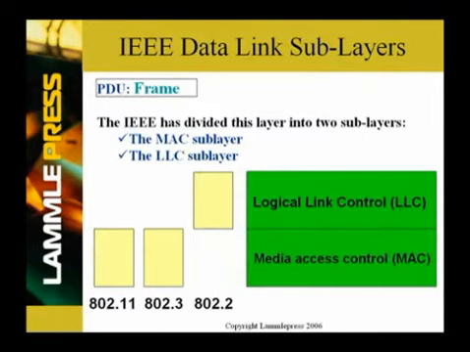The IEEE committee for Ethernet is called 802.3, which stands for February of 1980, Committee 3. 802.11 is our wireless committee, isn't it? We also have 802.2, which is our LLC, or Logical Link Control Management Committee. I want you to understand that the LLC, or 802.2 committee, does nothing by itself, but it adds functionality to existing IEEE standards.